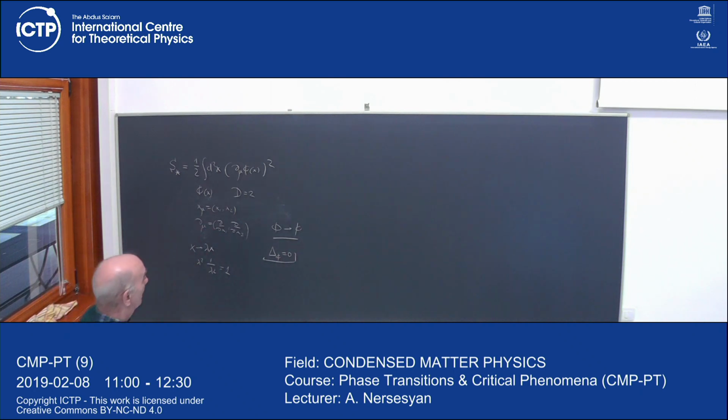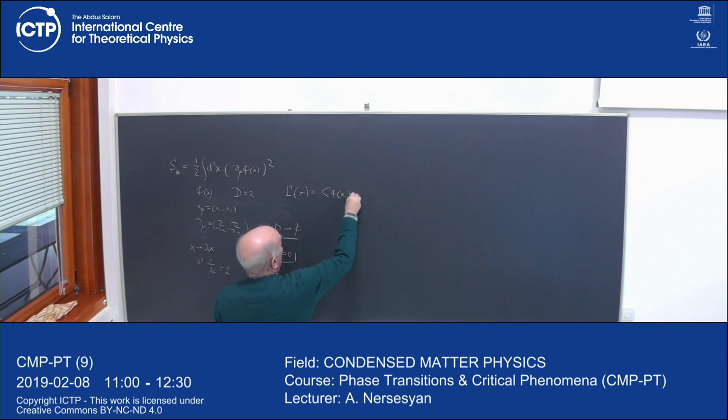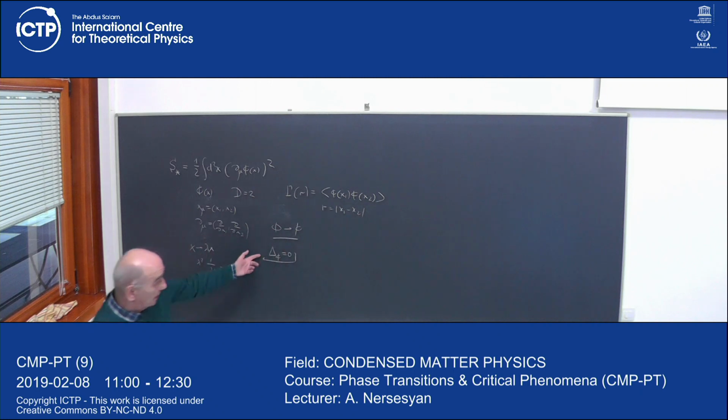And the question is how the correlation function, gamma of r, phi x1, phi x2, how does it behave as a function of the distance if the scaling dimension is this?